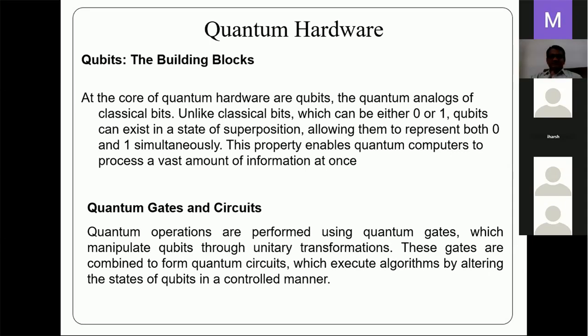Now there is a difference. The entire quantum circuit is just a connection between quantum gates, and they execute algorithms by altering the states of qubits in a controlled manner. So don't you think these quantum circuits are also enabled with parallel computation? Yes or no? Are you getting my point?